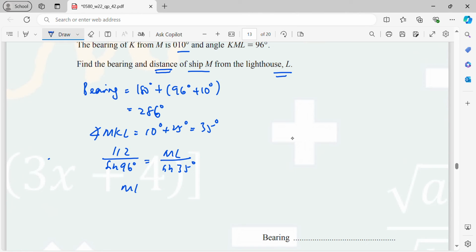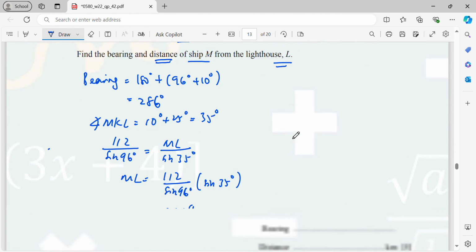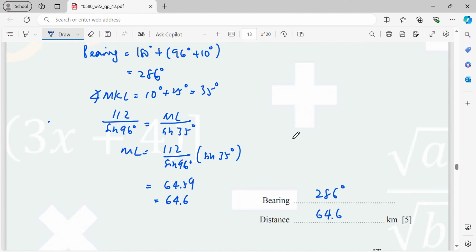So now my ML, the sine 35 just move up. It will be 112 over sine 96 degrees times sine 35 degrees. Then you will be getting 64.59 and round up to 3 significant figures, that is 64.6. So the bearing is basically 286 degrees, and then this is 64.6. Okay, done for the question.